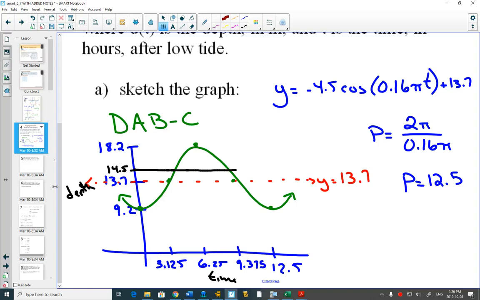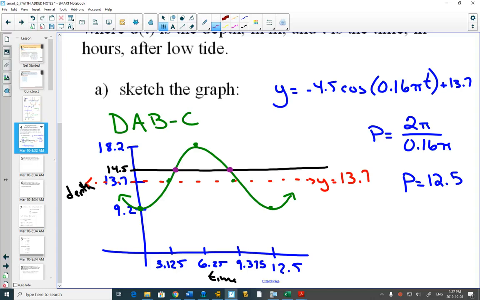If I draw a line straight across from there, can you see from that line that between this point and this point, that's when the water is deeper? Anything before that or after that, the water wouldn't be deep enough, because the boat needs at least 14.5 meters of water.